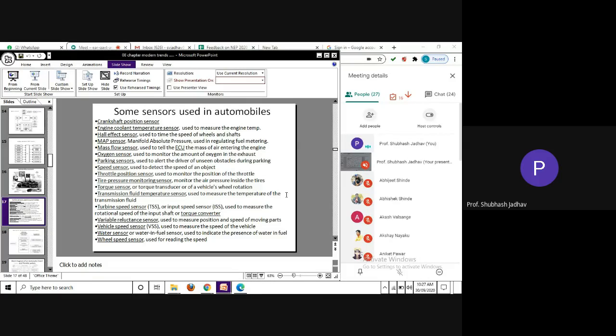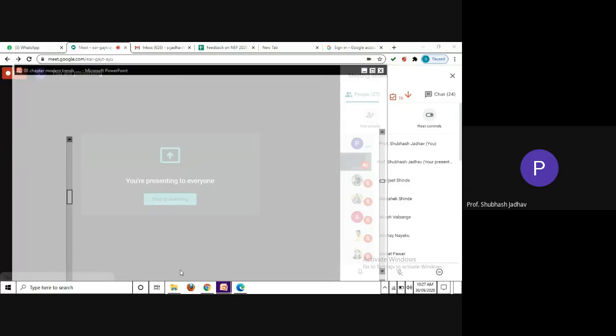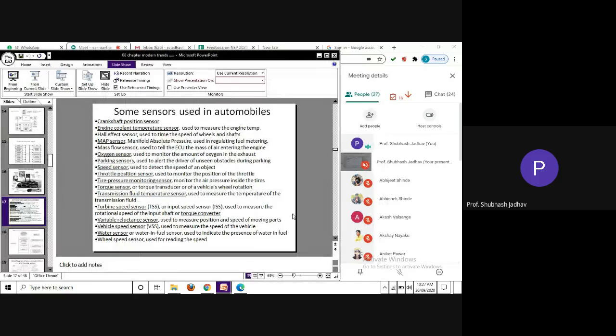Now here, as an engineer, if you are fortunate enough and depending on your skill and eligibility, you may become a part of a company which is working on modern vehicles. Then you may come across some of these particular sensors.